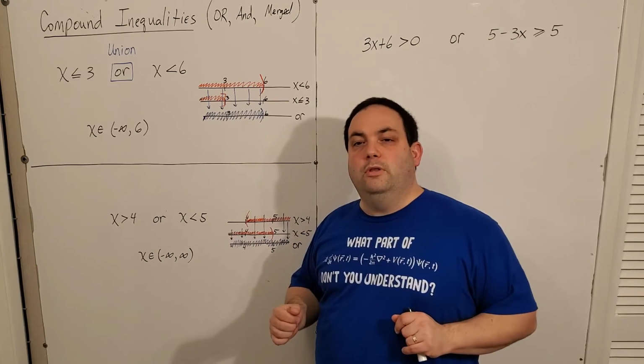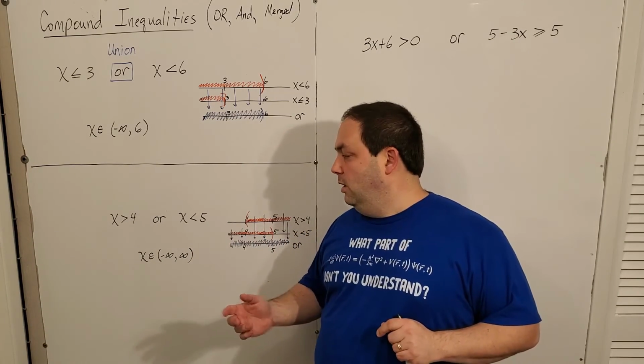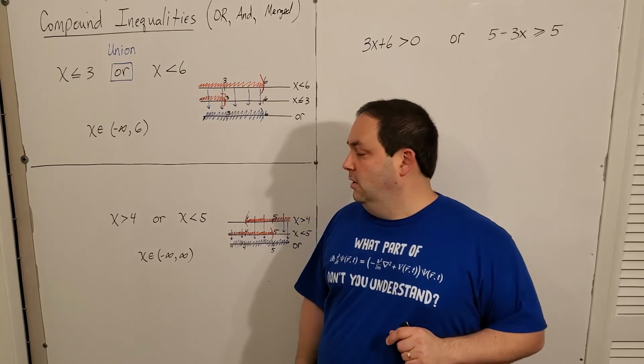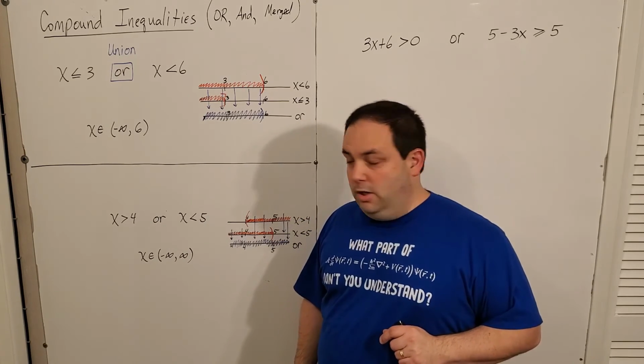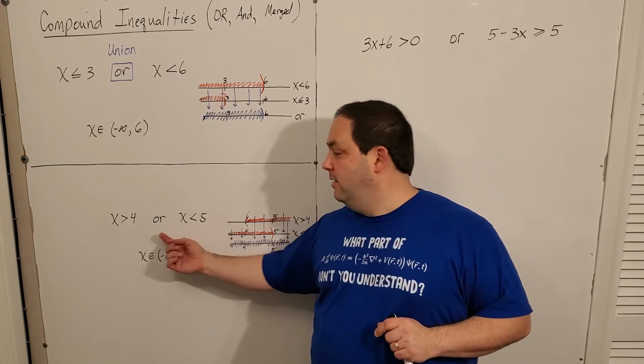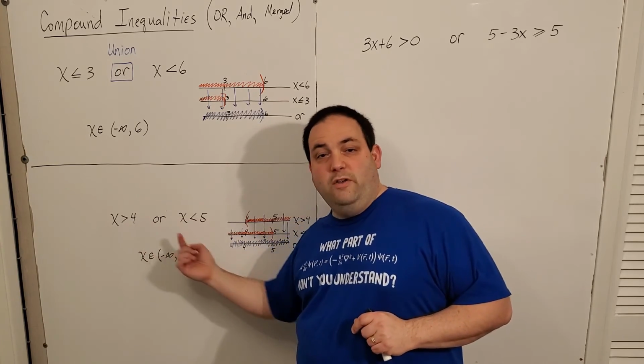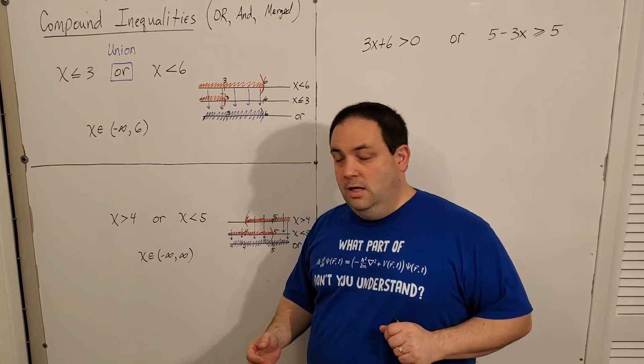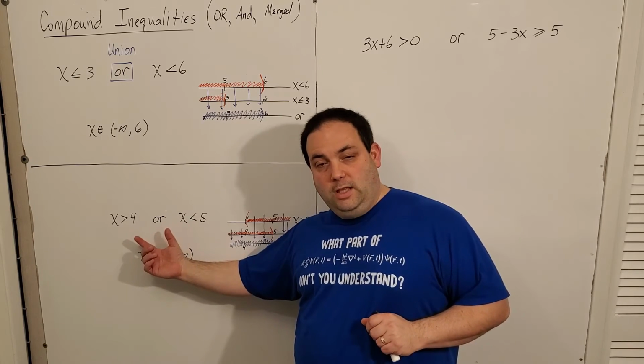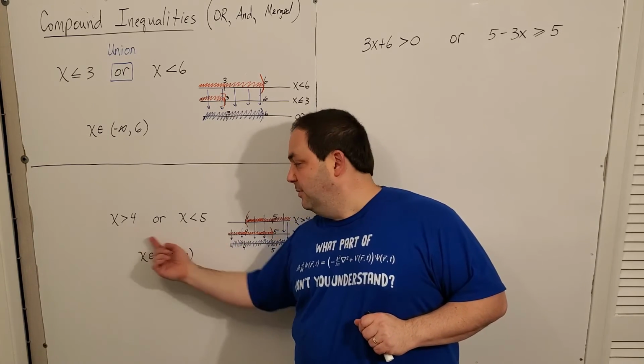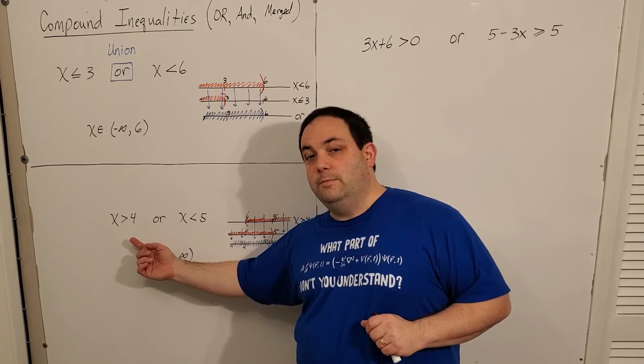Any number in the world, right? 100. Well, 100 is bigger than 4. What about negative 100? Well, that's less than 5. With an or, as long as one of them's true, it's all good. So you would quickly, hopefully, realize that you actually have something that's representing the entire number system.